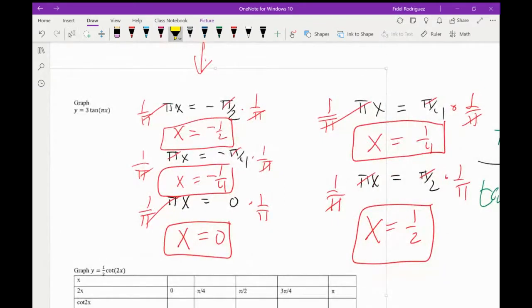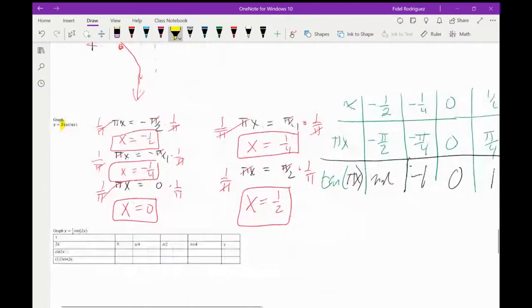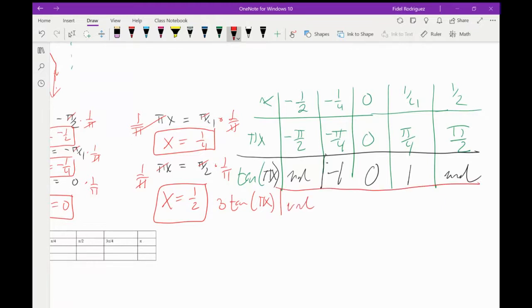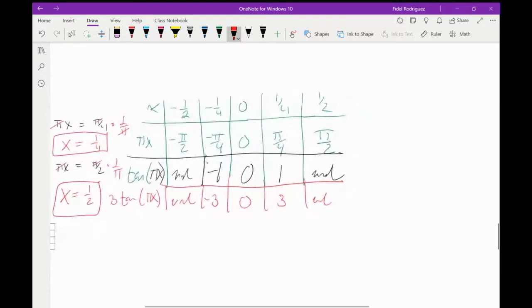All we have in front is we're multiplying these numbers now by 3. So this will still be undefined. Negative 3, 0, positive 3, undefined.